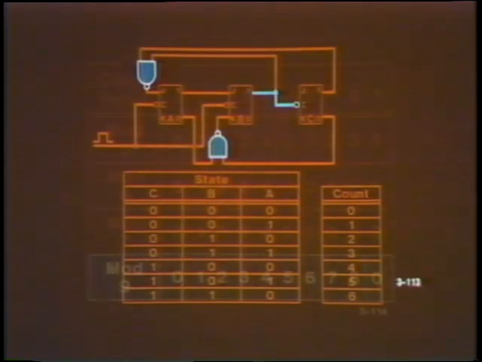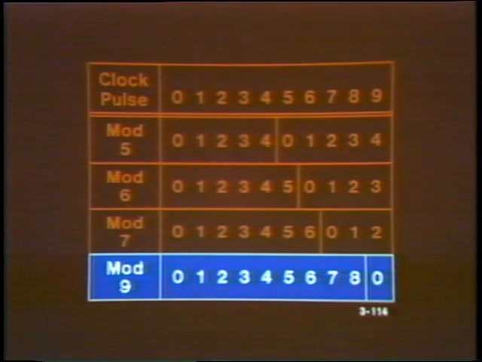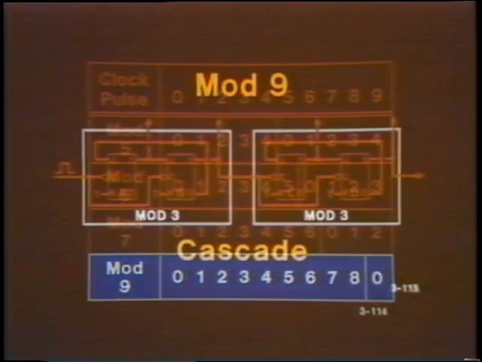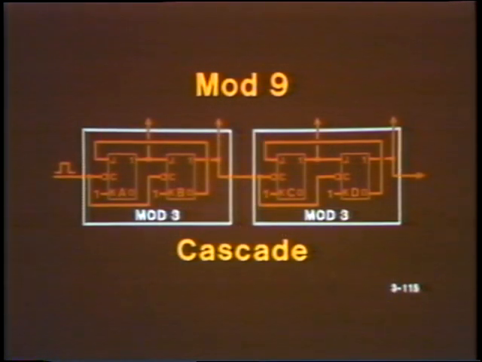Our final example of non-binary counters will be modulo 9. This mod 9 counter is constructed by cascading two mod 3 counters. You'll notice that the mod 3 counter circuit is one we studied intensively earlier in this lesson.